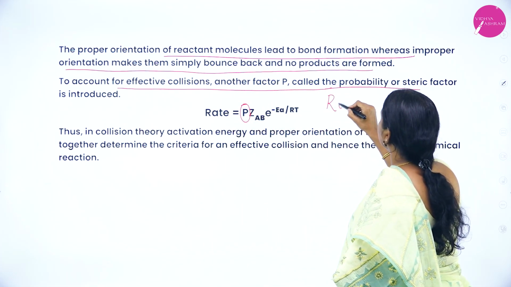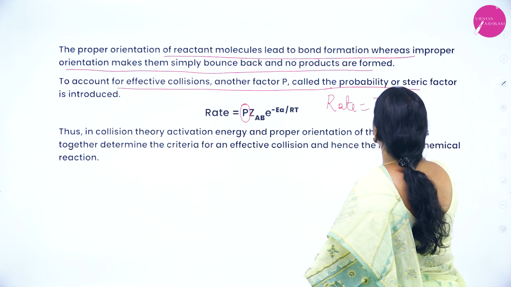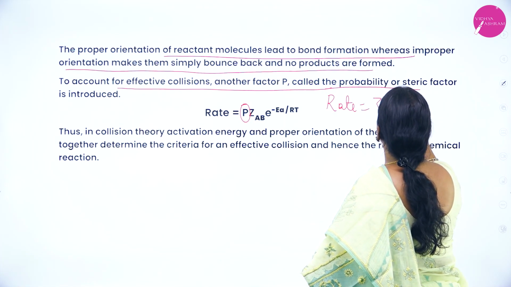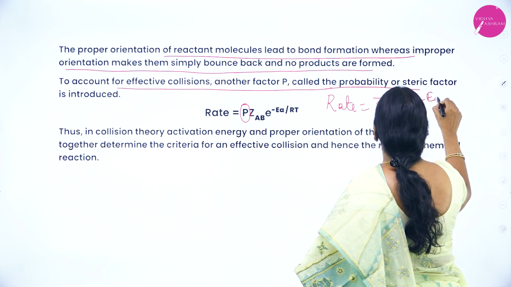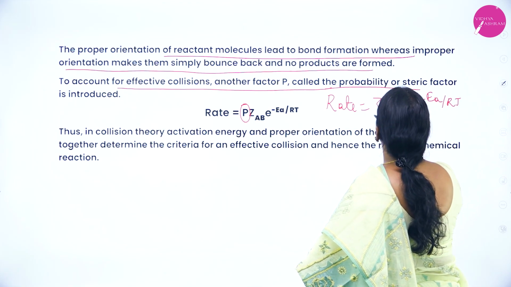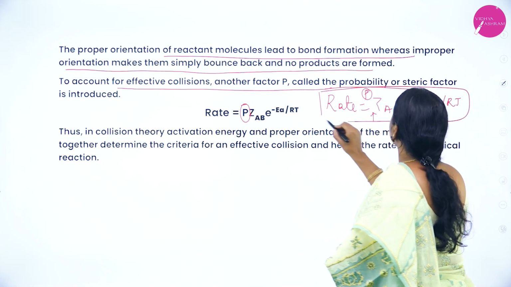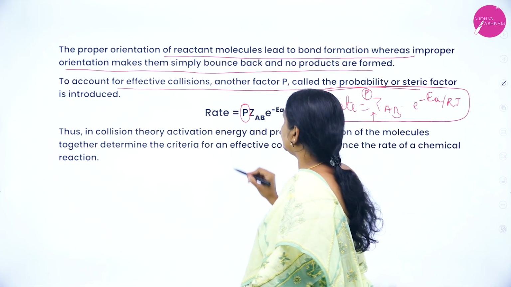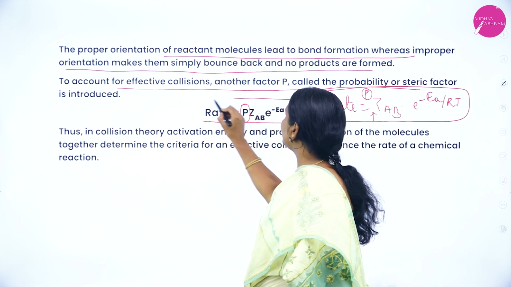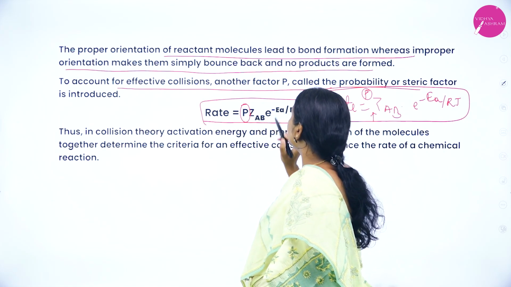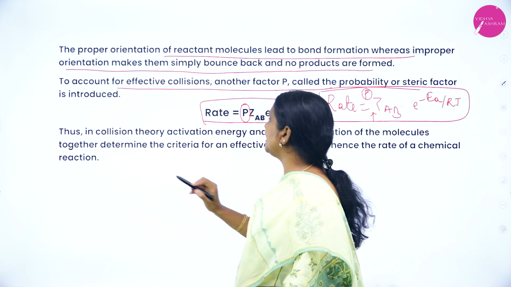Already we have the equation: rate is equal to ZAB into e to the power of minus EA by RT. To that I am going to introduce P. P is called the probability or steric factor. Therefore, the rate becomes P into ZAB into e to the power of minus EA by RT.